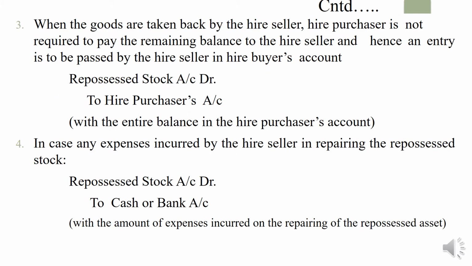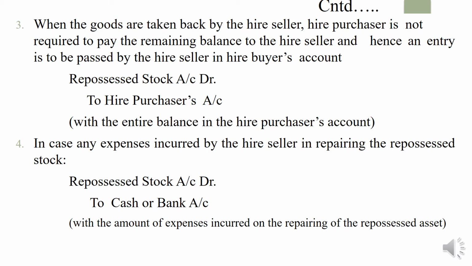When the goods are taken back by the hire seller, the hire purchaser is not required to pay the remaining balance, and hence the entry passed in the hire seller's books is Repossessed Stock Account Debit to Hire Purchaser's Account.